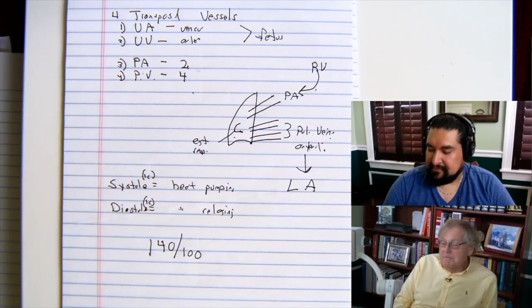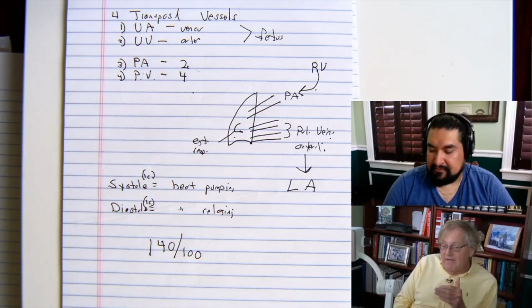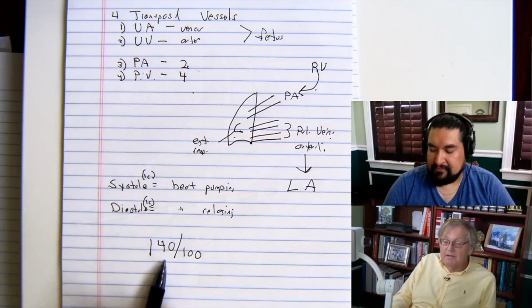So I'd say, well, let me pump up that blood pressure cuff to 200. And once I'd pump it up to 200, I slowly release the valve. As I released the valve, I would listen for the heart sound once it got to his systolic pressure.